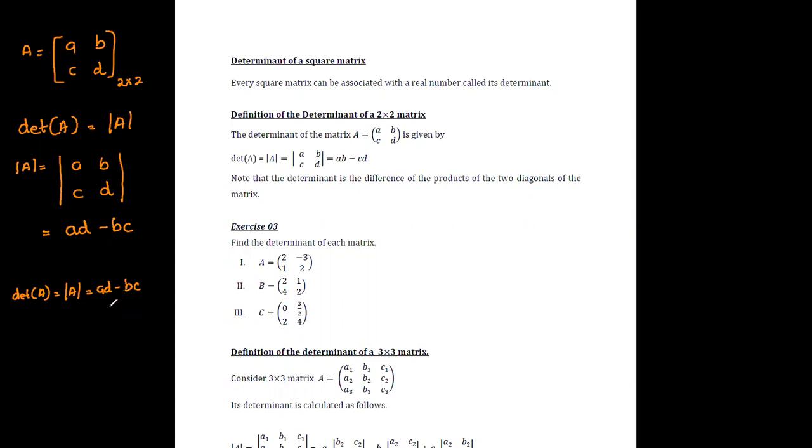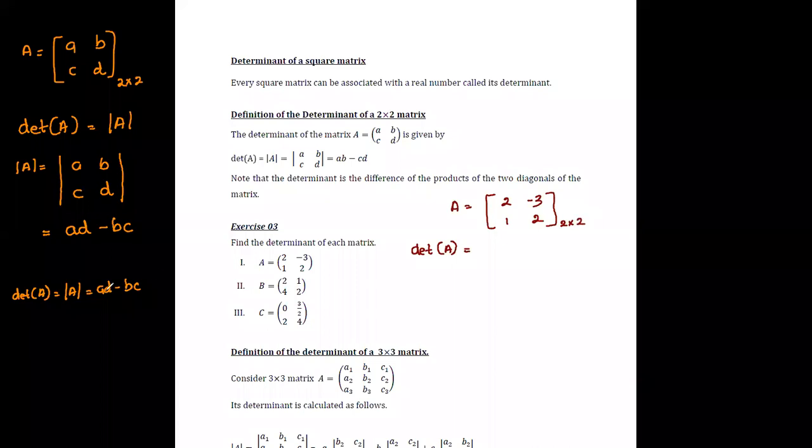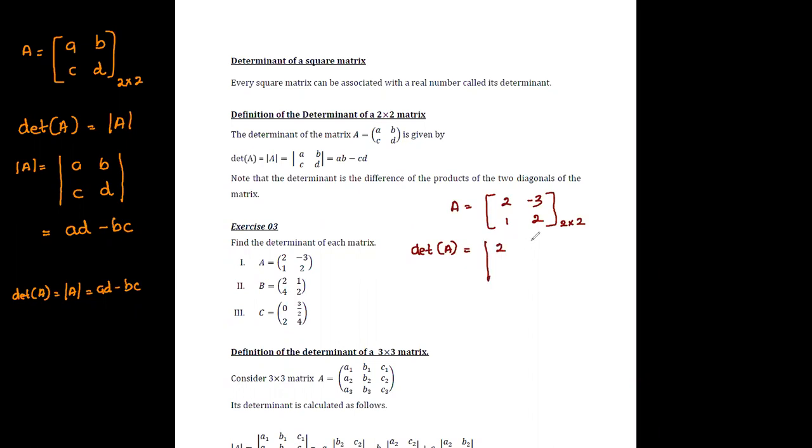If we try this for an example with numeric values, suppose the matrix A is given as 2, -3, 1 and 2. If you are asked to obtain the determinant of this matrix, since this is a 2 by 2 matrix, we can use this simple equation. The determinant here is of 2, -3, 1 and 2.